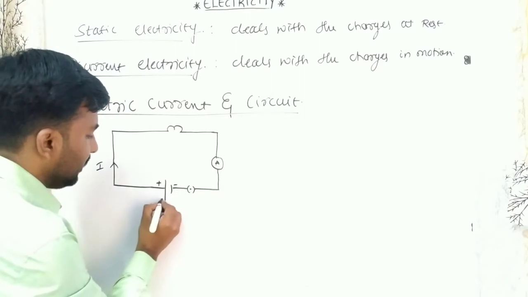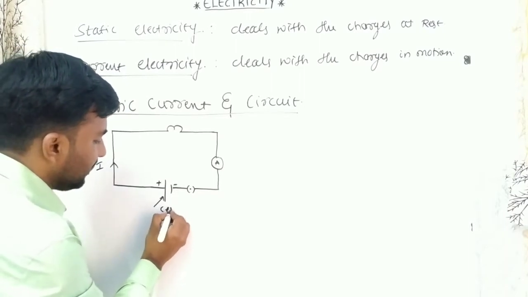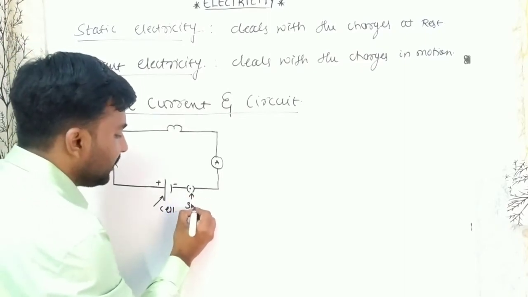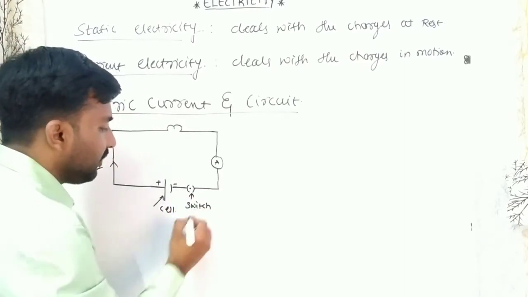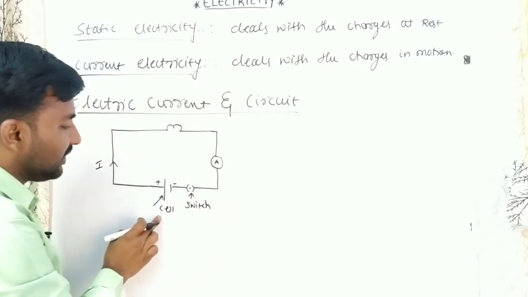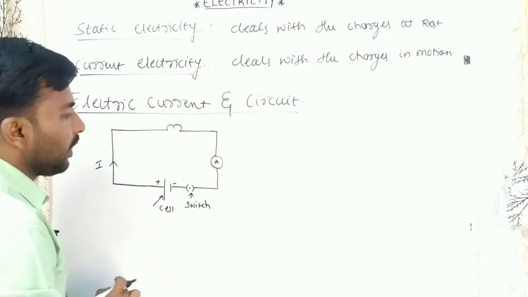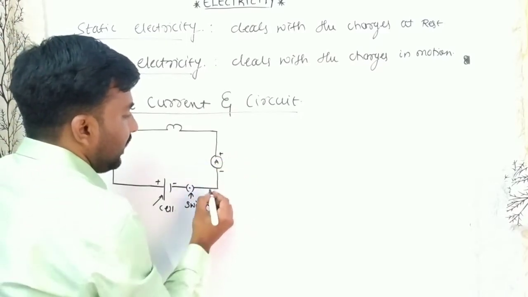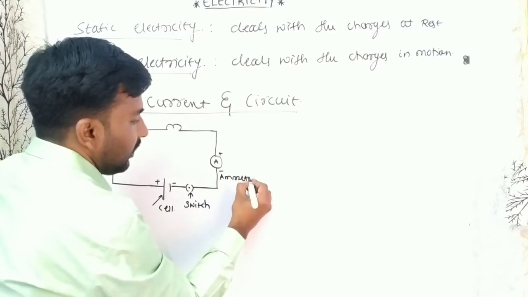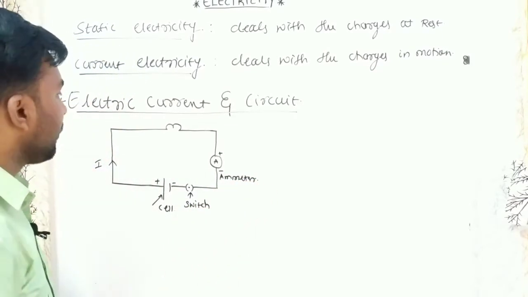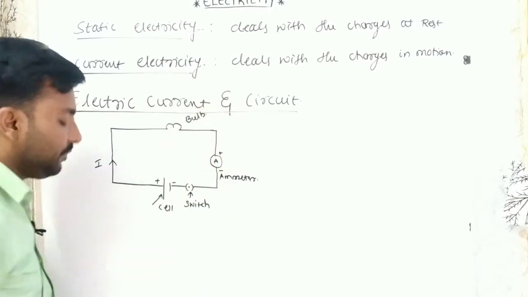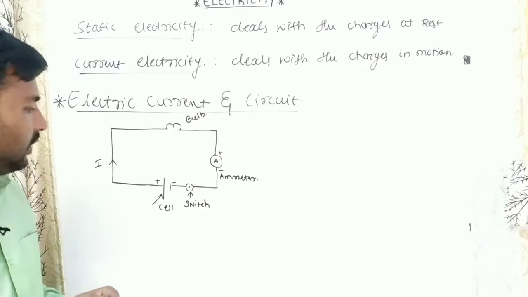Here this is the cell, this is the symbol for the switch. Later we will study in detail. Presently just remember, this is the symbol for the switch, this is the symbol for the cell, this is the ammeter, and this will be the bulb.